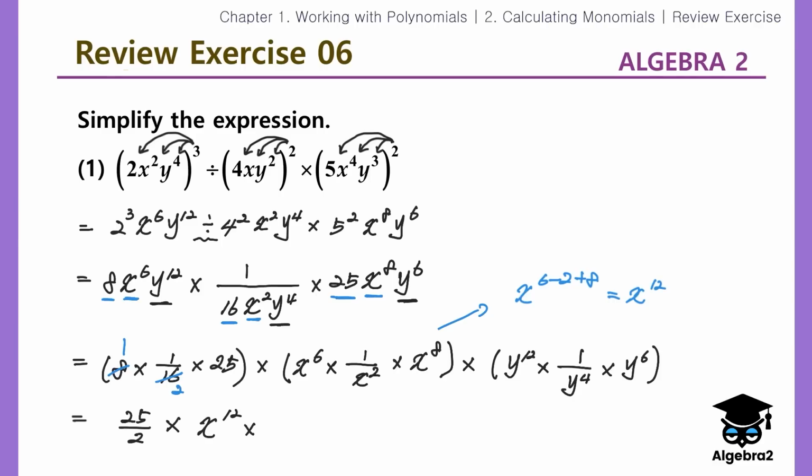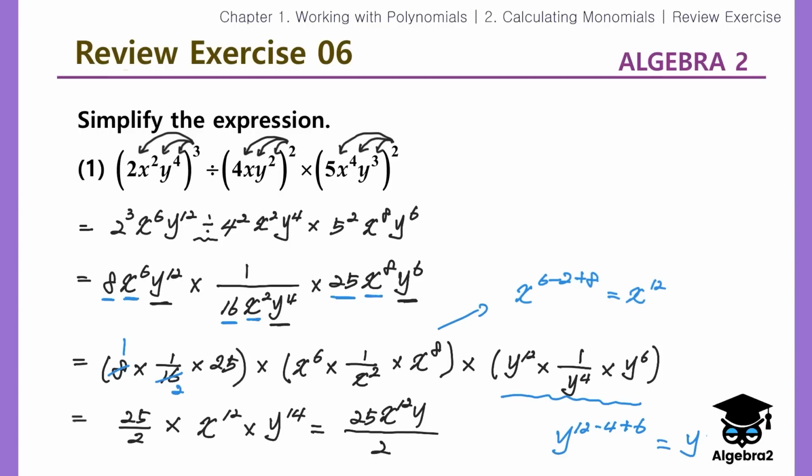For this part, that's y to the 12 minus 4 plus 6. So y to the 12 minus 4, 8. 8 plus 6, that's 14, right? So we have y to the 14. So that is equal to, in the denominator we only have 2, in the numerator we have 25, x to the 12, and y to the power of 14.